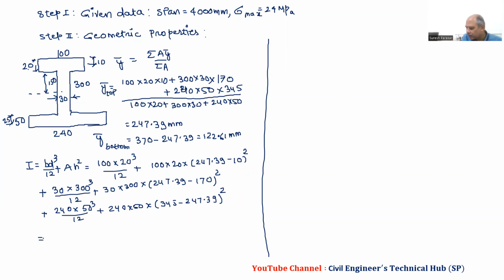And we have this value of I, that is 351.01 into 10 raised to 6 millimeter to the power 4.